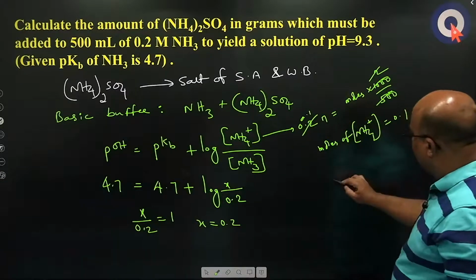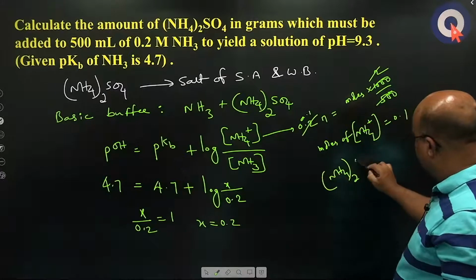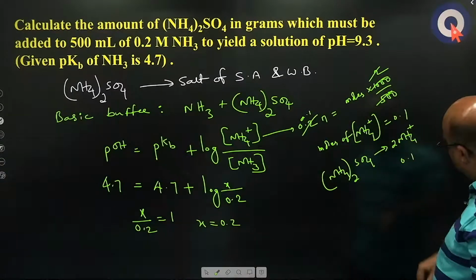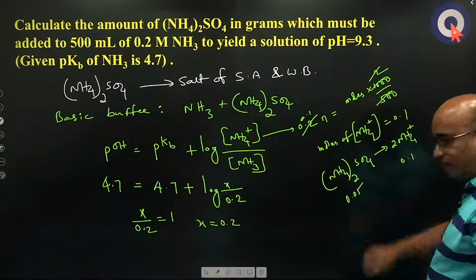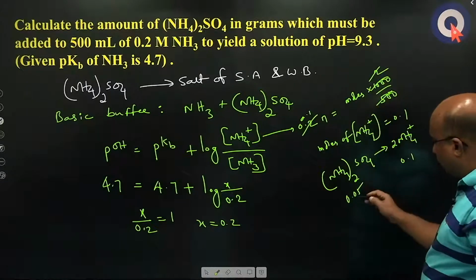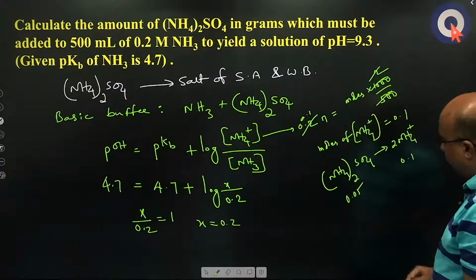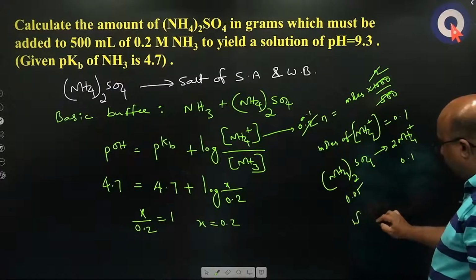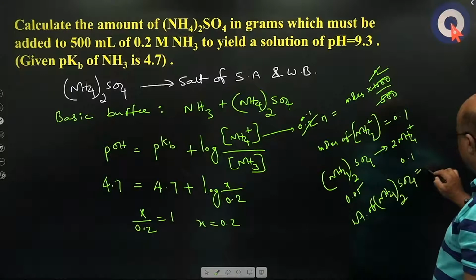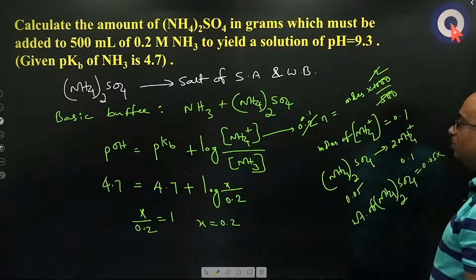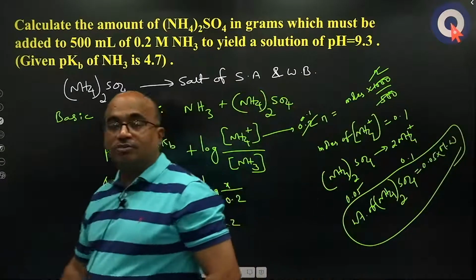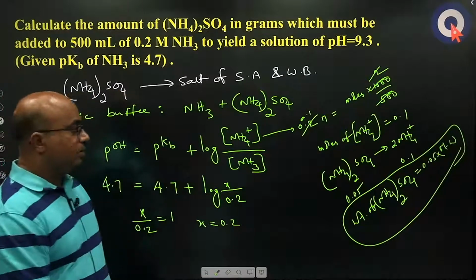Ammonium sulfate gives 2 times the ammonium ion, so if you want 0.1 of this, I should take 0.05 of ammonium sulfate, half of that. So what should be the weight? Moles are known already, because we calculated the moles directly. So the weight of (NH4)2SO4 is 0.05 into the molecular weight of that. So write the molecular mass of that, and that will give us the weight in grams. Okay.